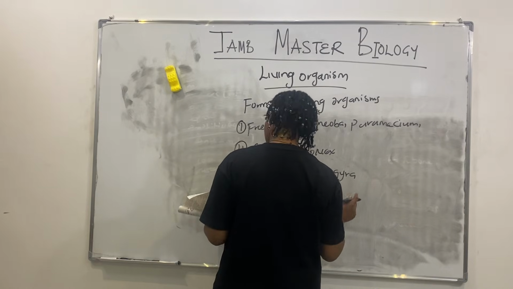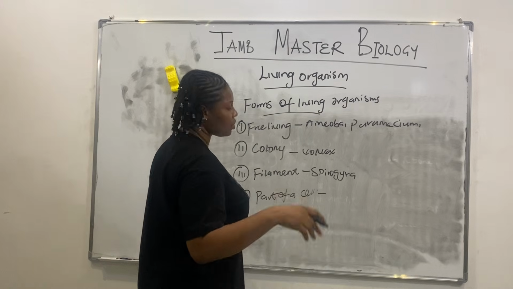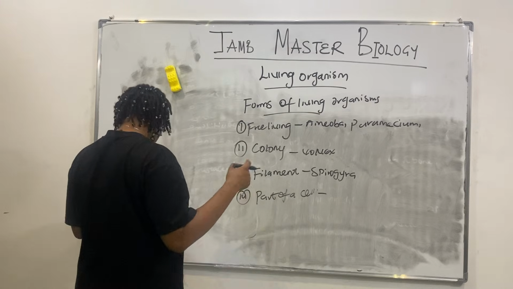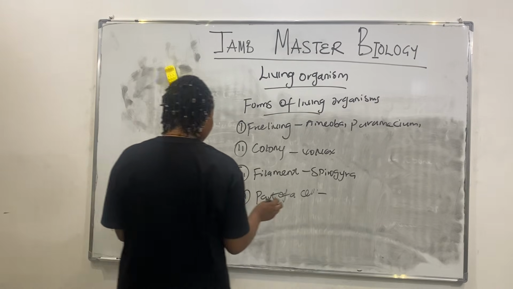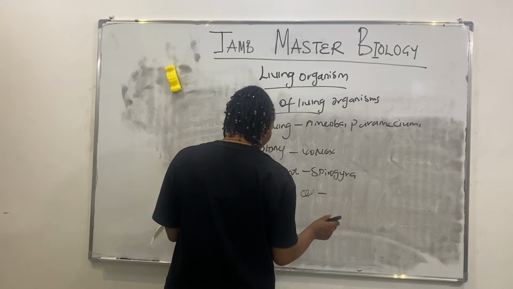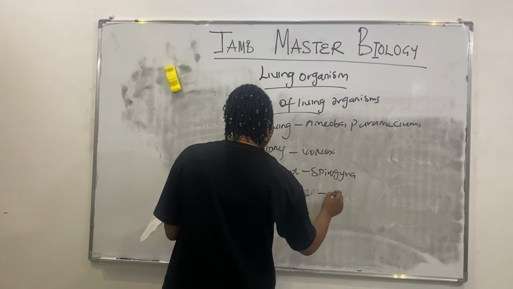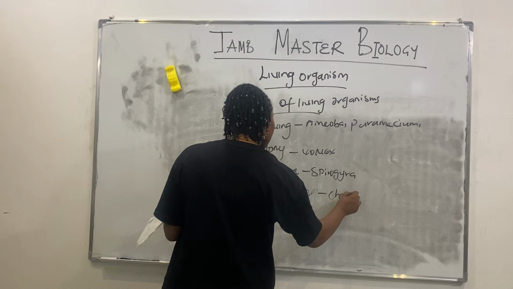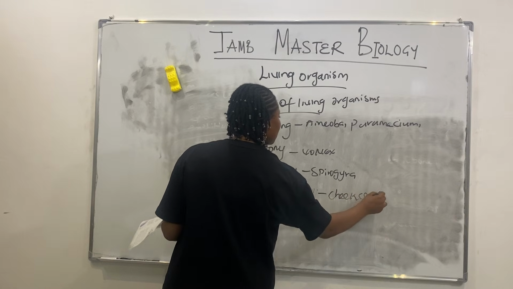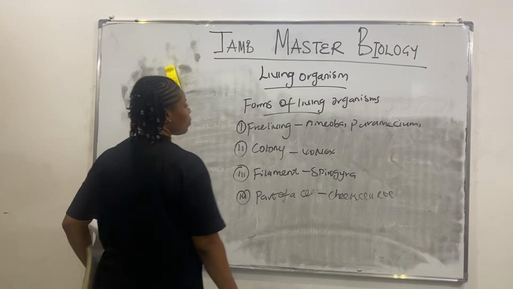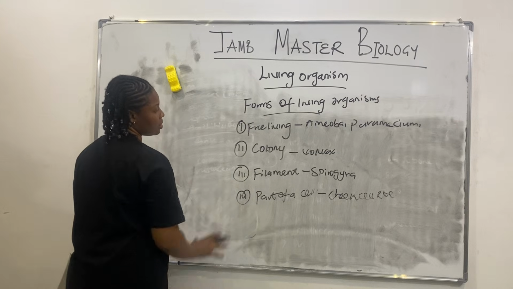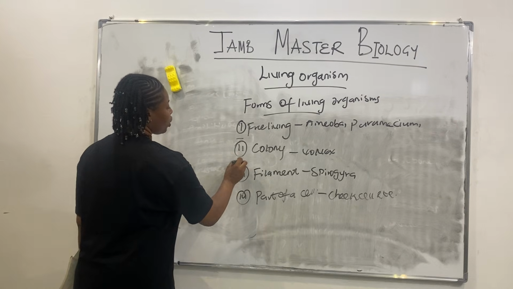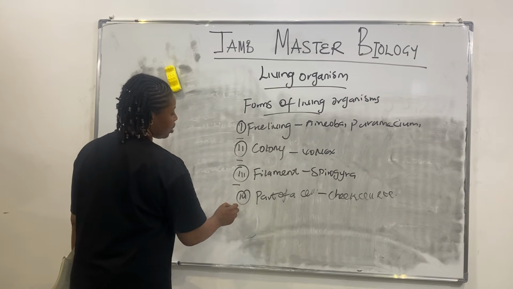As part of a cell, we have different cells in the body, and even in plants, like the human cheek cell, and so on. So these are the forms in which organisms can exist, either as free living or a colony, a filament, or as part of a cell.